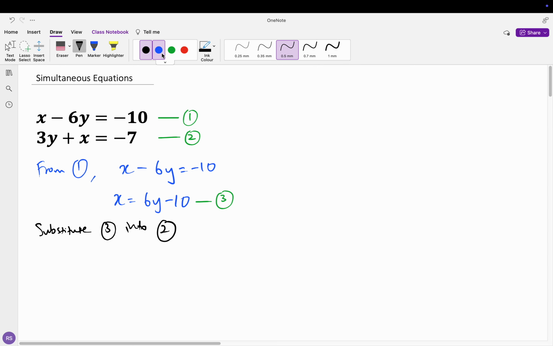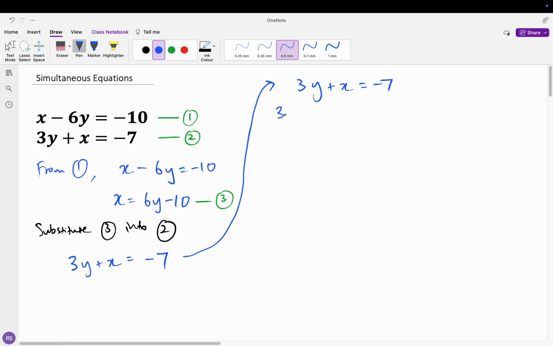Okay, so in equation 2, what we have is 3y plus x is equals to minus 7. All right, so again, let me move this here so I have more space. 3y plus x is equals to minus 7, and I'm going to now substitute the expression for x with the new expression given by equation 3.